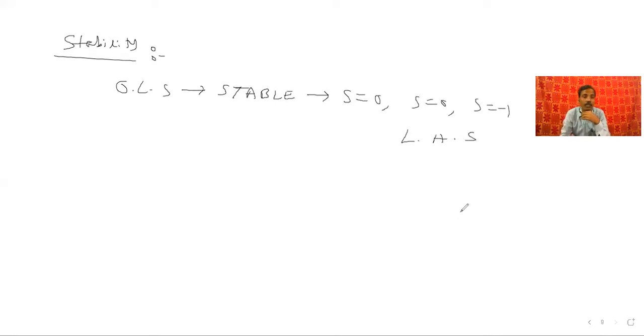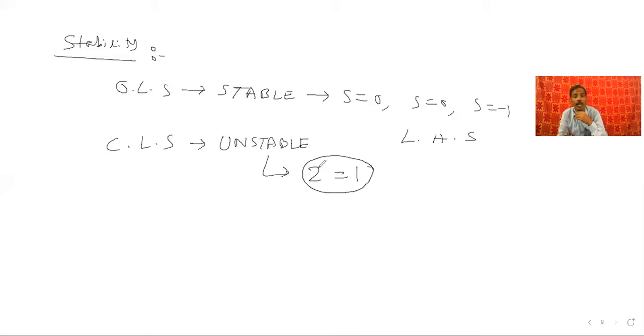That's why the open loop system is stable. And the closed loop system unstable because Z equals to 1.